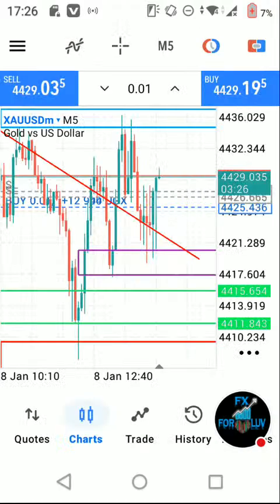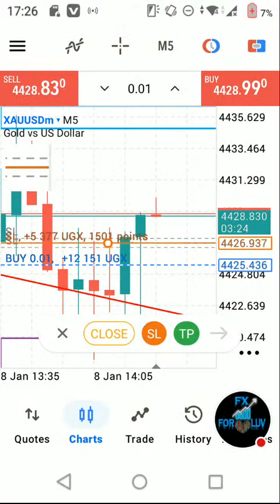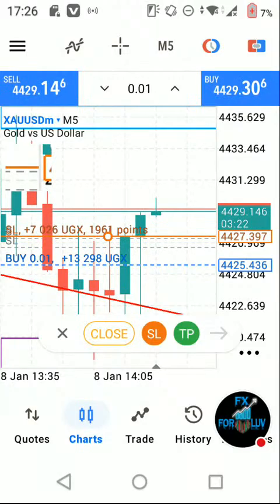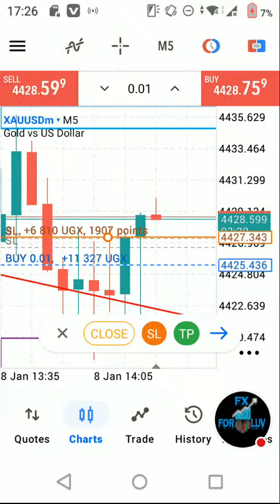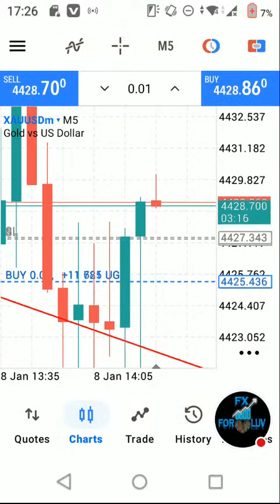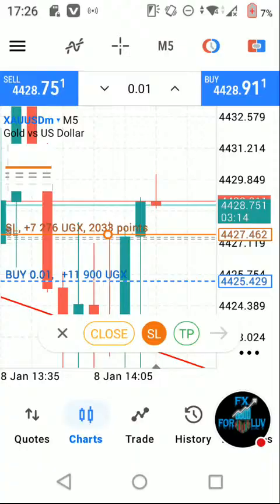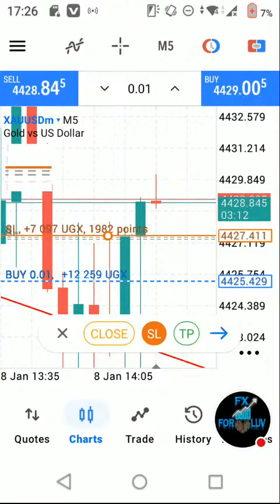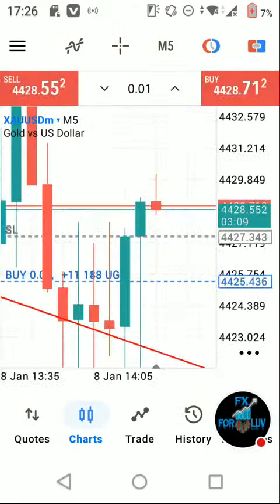So I'm locking here. We went to 30K. I would like to lock in about something like 15K worst case scenario, so even if we ride a trend we are safe.